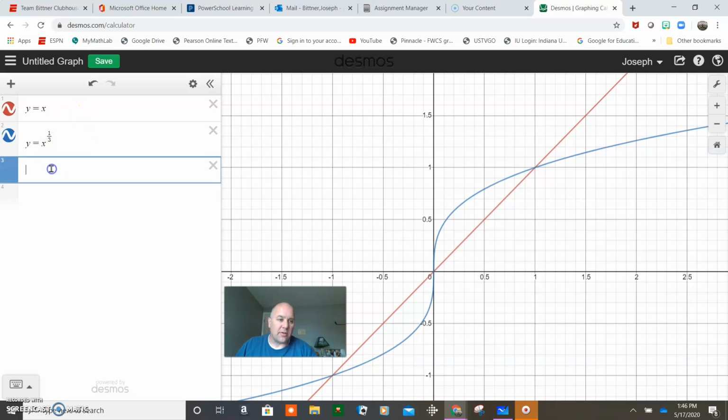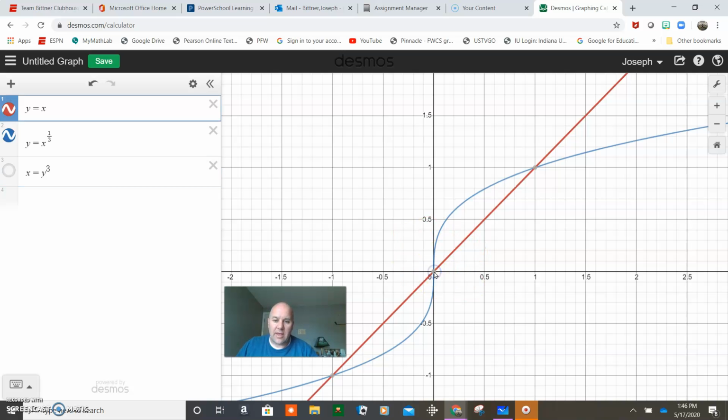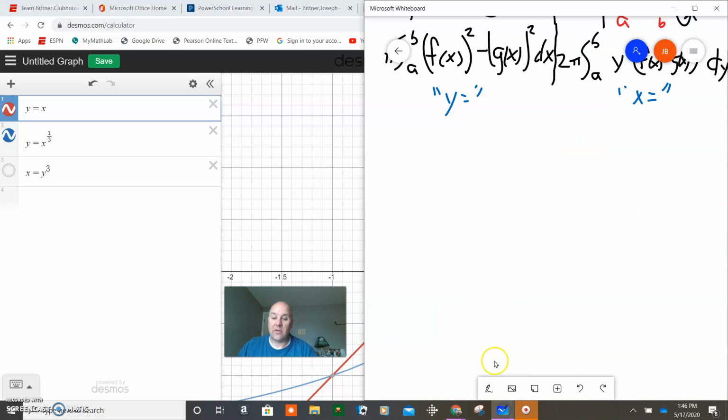But if you want to turn this into x equals y to the 3rd power, as you can see when I turn the blue and green lines on and off, it's the exact same equation. I'm going to do the disk method with this one. Since we're doing that, I want to know from what x value to what x value. So it's 0 to 1, because I have to put it with respect to x.